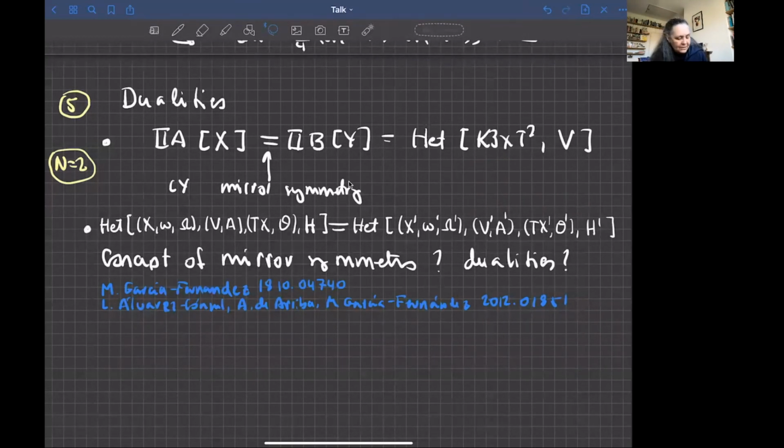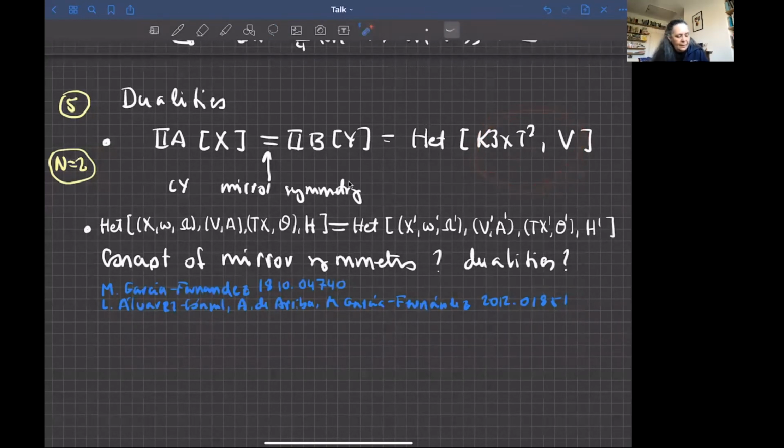Under nice circumstances, you have this string of dualities, and it relates a type 2A on a Calabi-Yau with some heterotic compactification on K3 times T2 with a bundle B. So this is a bit like a heterotic SU(2) structure.